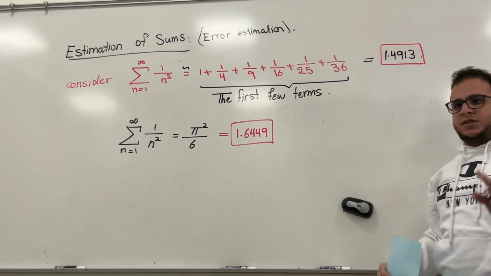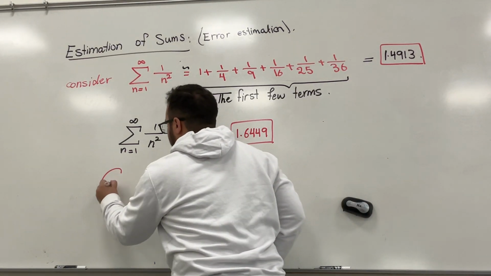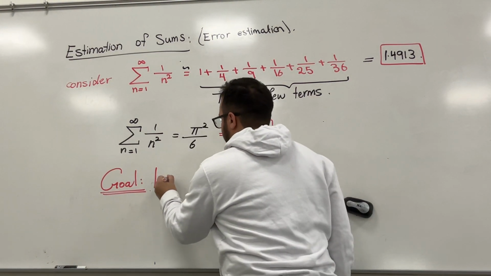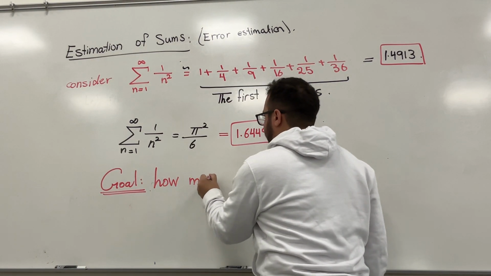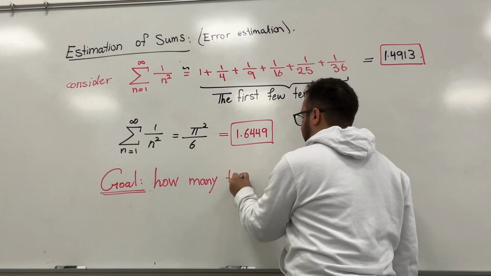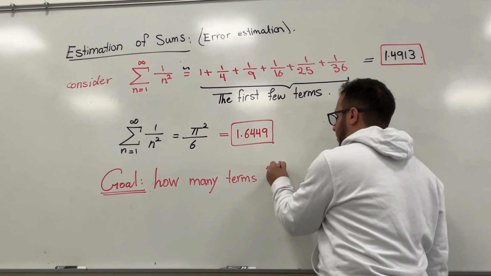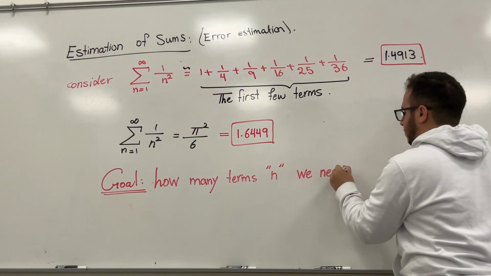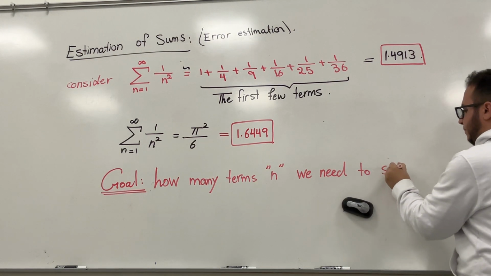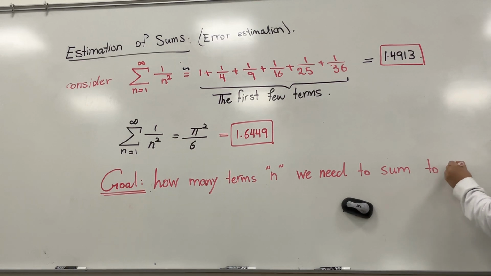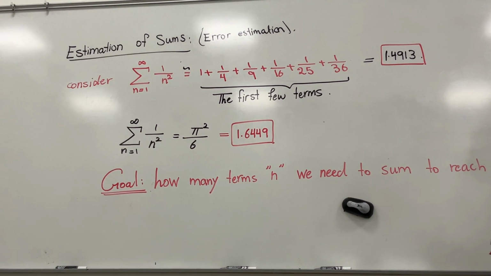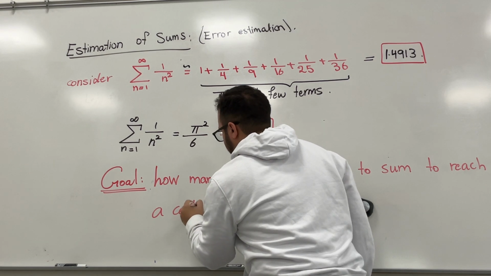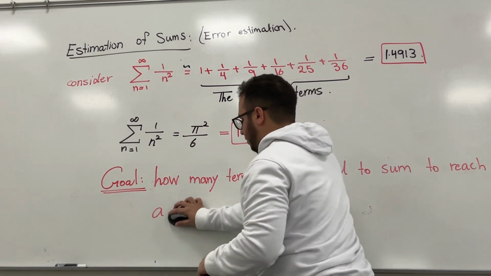So the objective here is what? The goal is what? How many terms n we need to sum to reach a certain error value.